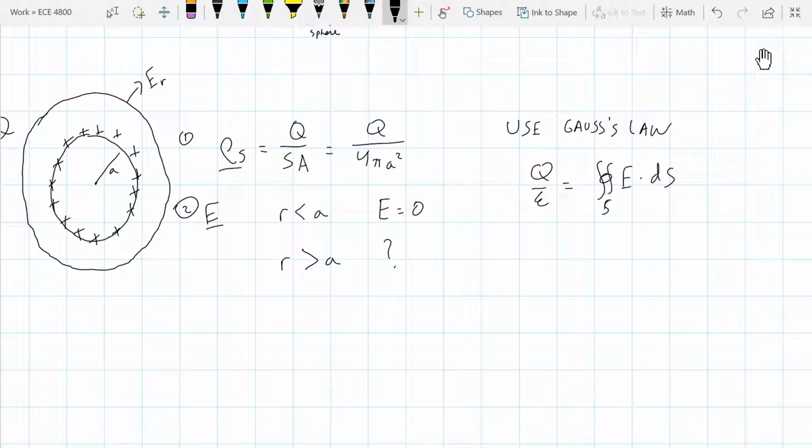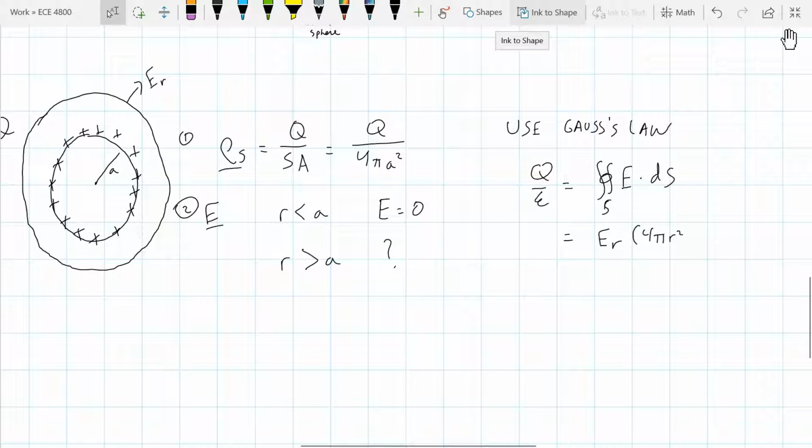From the previous problems, you know that if the electric field is the same everywhere on the surface, this just becomes E sub r times the surface area, which is 4 pi r squared. That's our Q over epsilon.